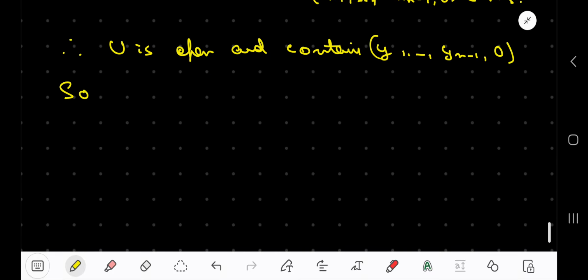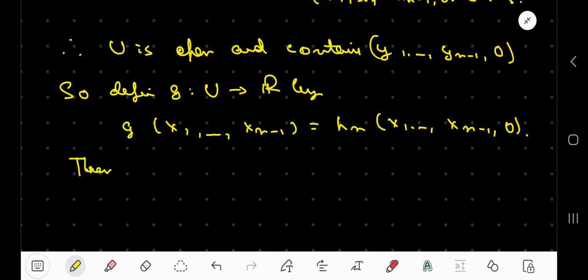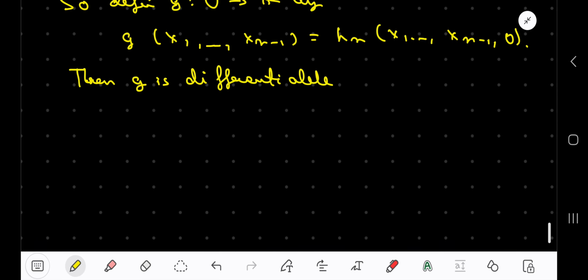So now all we require is to define G, nothing else. Define G to be a function from U to R by just taking these n minus 1 tuples and mapping it to Hn. Then G is clearly differentiable, as Hn is differentiable.